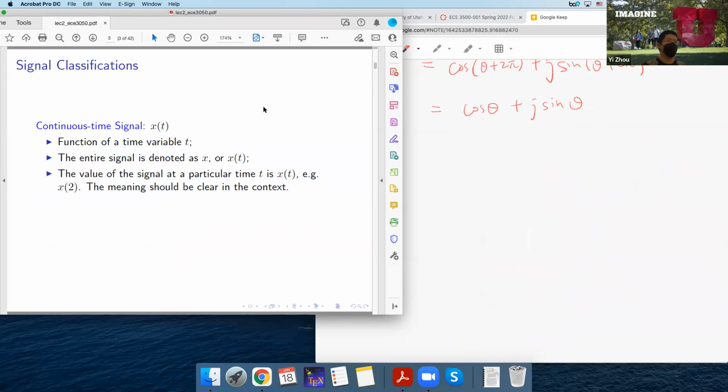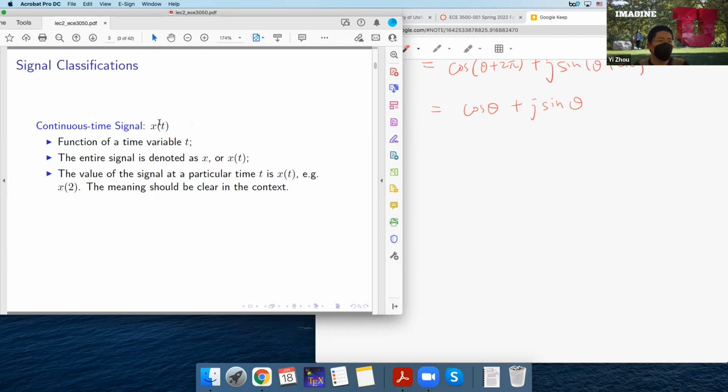We have defined the continuous time signal in the introductory class. For a continuous time signal, we can denote it as x(t) or y(t) or any other letter you like. But the definition is that the variable t can take any continuous real values.